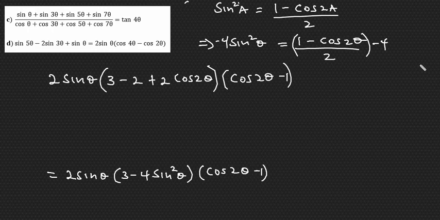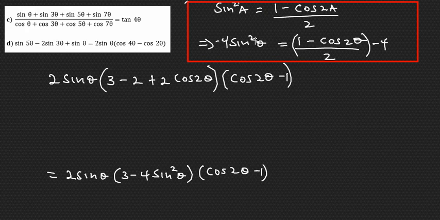Hope you have seen how I've manipulated this part here. It was sine squared theta, and I had to transform it to 1 minus cos 2 theta over 2, but now since it is a negative 4, I multiply a negative 4 on it. It gives me a negative 2 here, and when I multiply negative 2 on this bracket here, I'll be getting negative 2, then plus, because this negative and negative, so this is what we get.